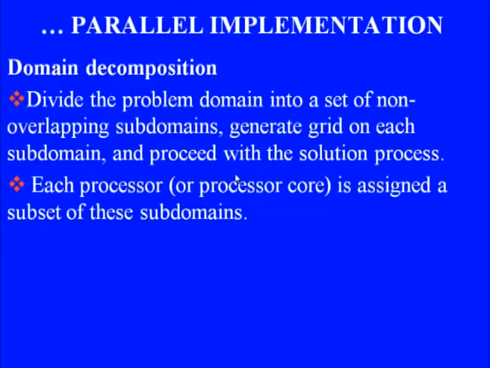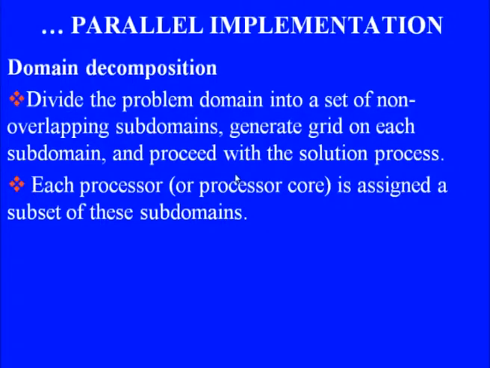So depending on the number of processors available on our machine, we can decide how many subdomains to divide our problem into. We can divide a problem into, let us say, thousands of subdomains, and then depending on the number of nodes or processors available, distribute a given number of subdomains onto each processor or processor core.